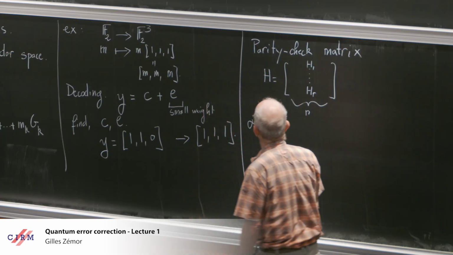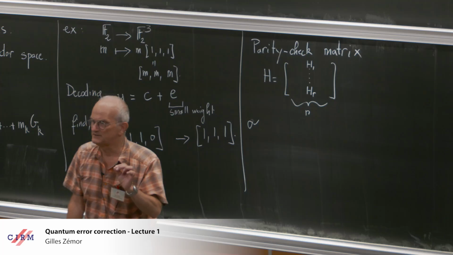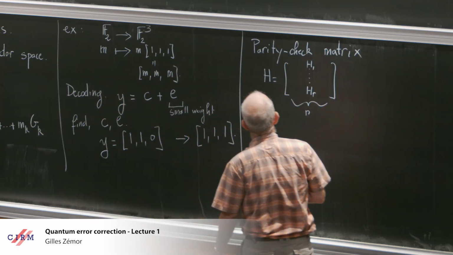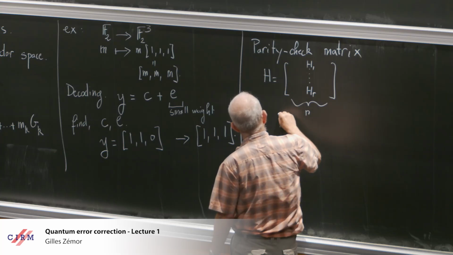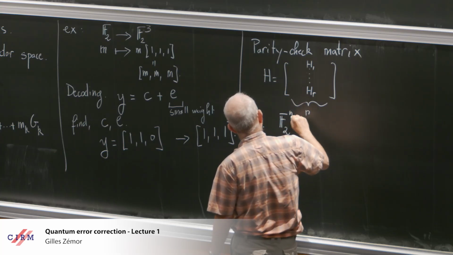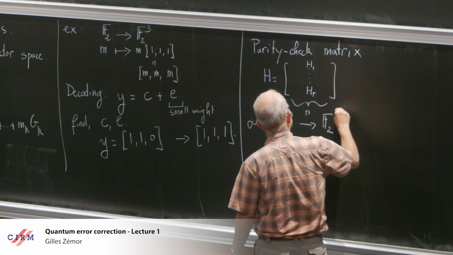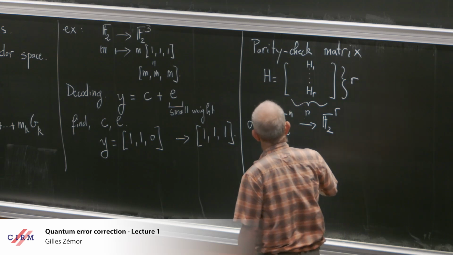And the really most important object of coding theory is the syndrome function. So what does the syndrome function do? It goes from F2 to the n to F2 to the r. And what does it do?